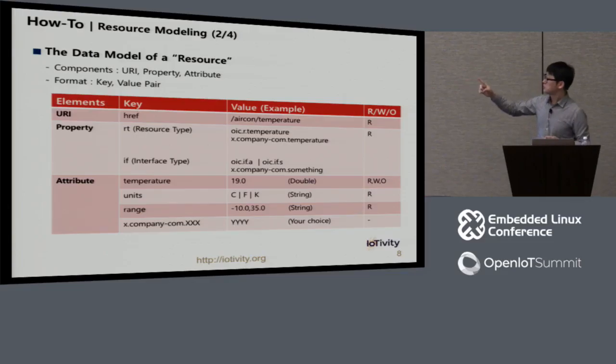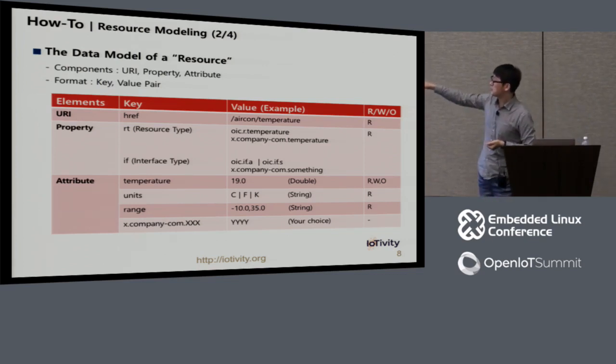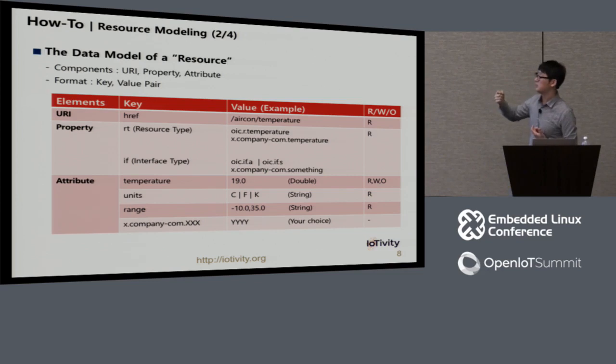Not only resource type, but also interface type could have multiple resource interface types. For example, since the actuator type and the sensor type are orthogonal, you cannot have both at the same time. But you could have, for example, the OIC baseline. The baseline means this resource can share every piece of information that the resource has.